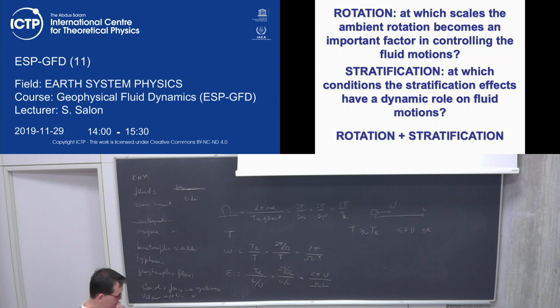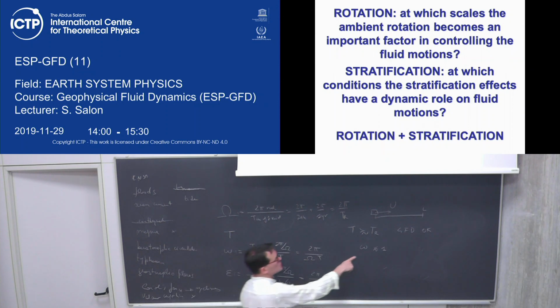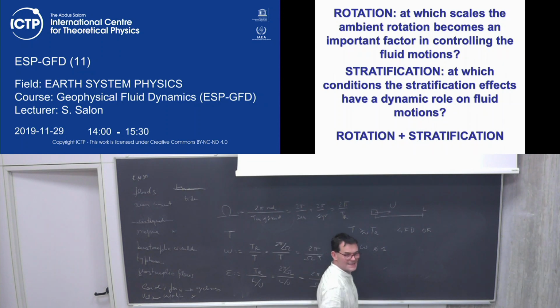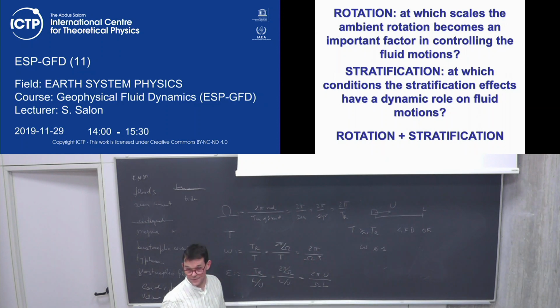So from this, we can also say that when we said that T should be larger than TR, it means that for GFD, omega should be smaller or of order 1, right? Because omega is TR over T. If TR is smaller than T, this number is smaller than 1. So the smaller this number, the larger will be the effect of the rotation over the phenomena.